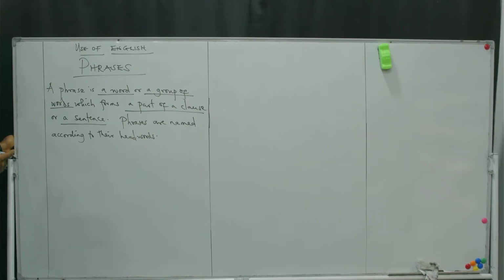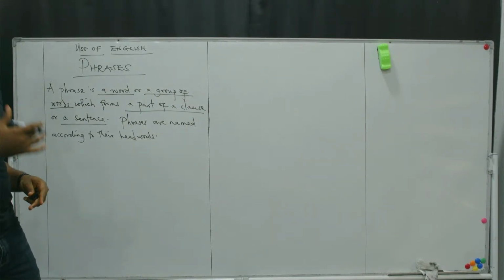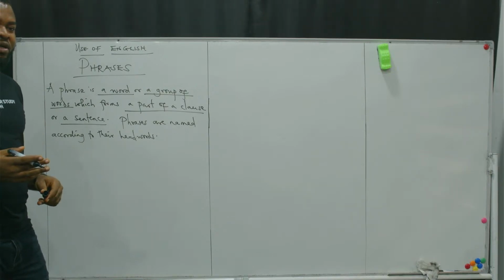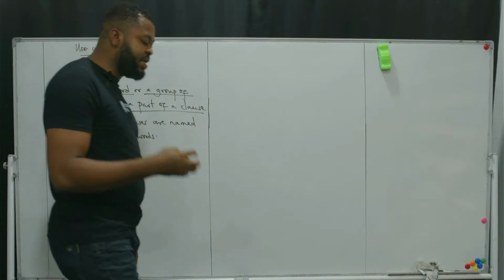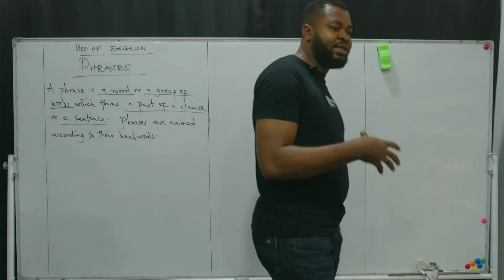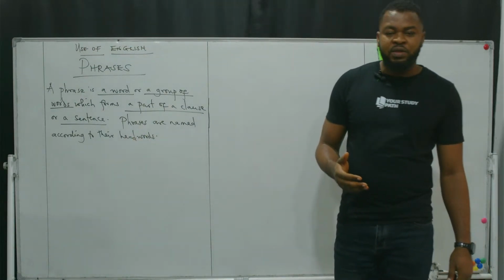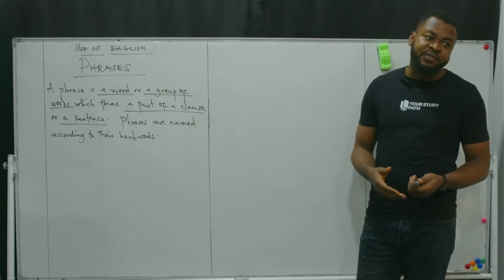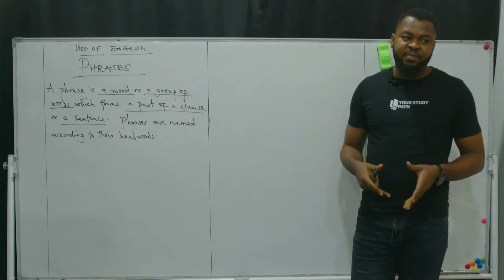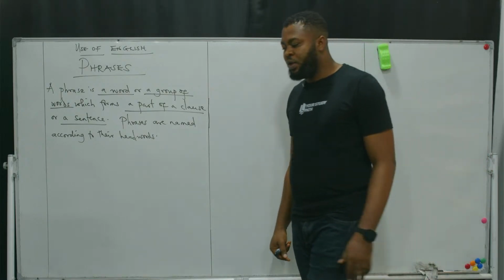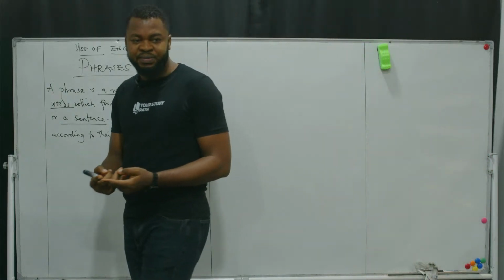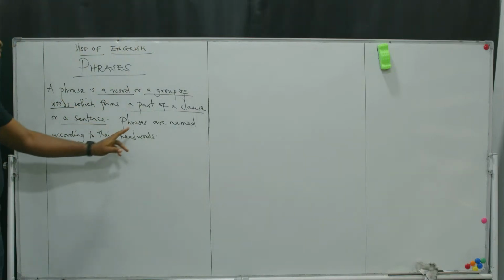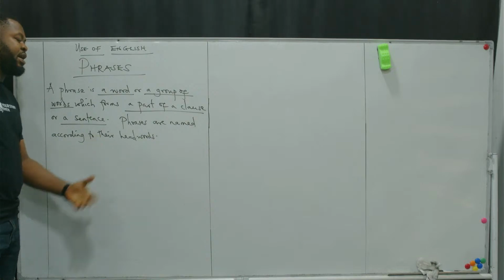So that means, for instance, a noun phrase can be easily identified by either a noun or a pronoun being the headword. An adjectival phrase can be easily identified by an adjective being the headword. The same way, a verb phrase can be easily identified by a main verb being the headword, or a combination of verbs to form a verb phrase. We're going to look at examples of all of that.